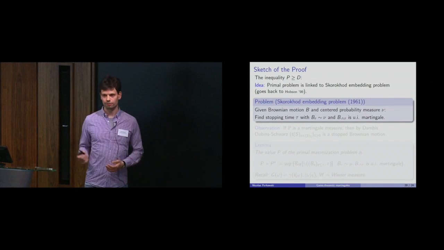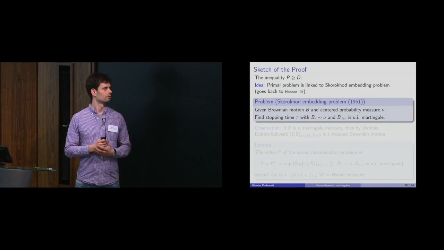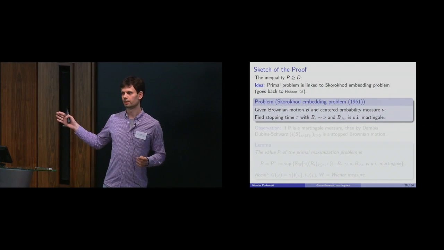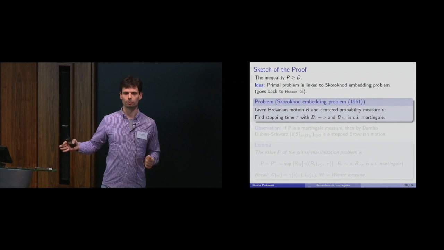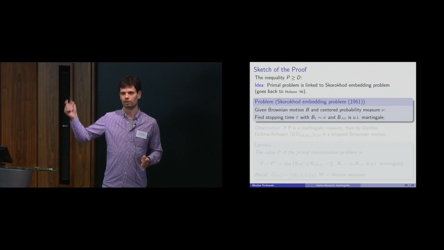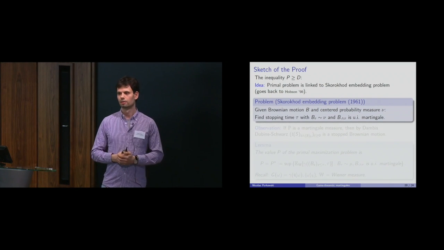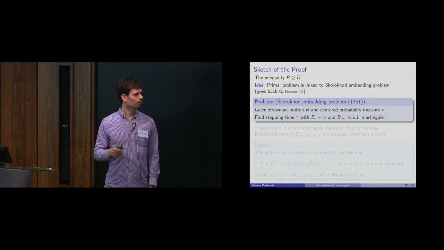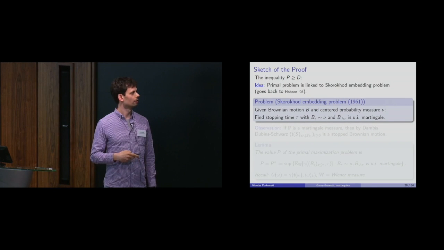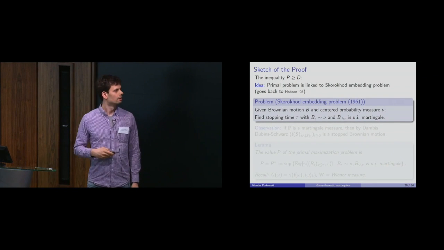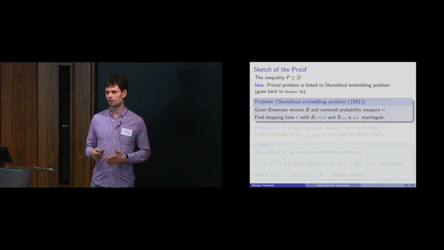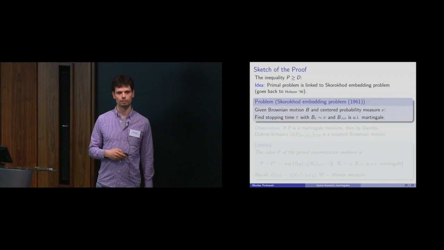Okay, and now the interesting direction, and there we use again Skorokhod embedding, and now I'll tell you what Skorokhod embedding is. So if you have a Brownian motion, and you have any probability measure which is centered, so in particular it is in L1, I mean it has a finite mean, finite L1 norm, and it integrates to 0, then you can always find a stopping time such that the Brownian motion stopped at this stopping time has the distribution you want, and the process is a uniformly integrable martingale.